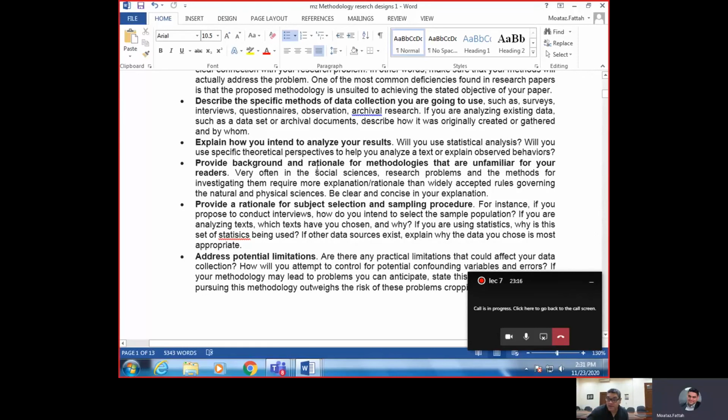Provide background and rationale for methodologies that are unfamiliar to your readers. In other words, if you are going to use something that is not widely used in your research, in political science, you need to tell me what it is, why you are using it, and why you are not using something that is traditionally used.